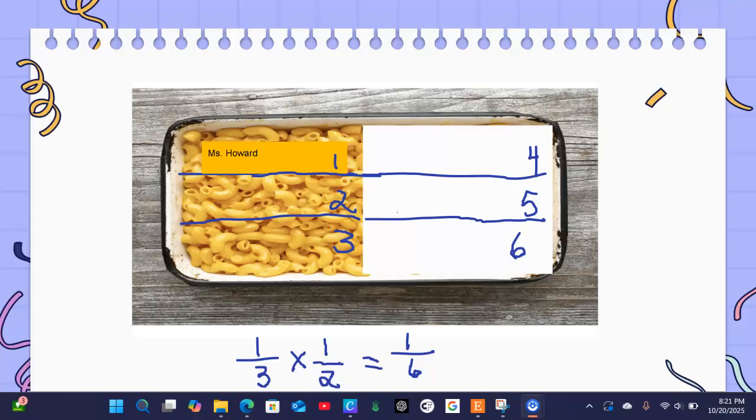Okay? You have to make these equal portions. Okay? So it would be, you can't, let me erase it and show you another. You cannot make it look like this.